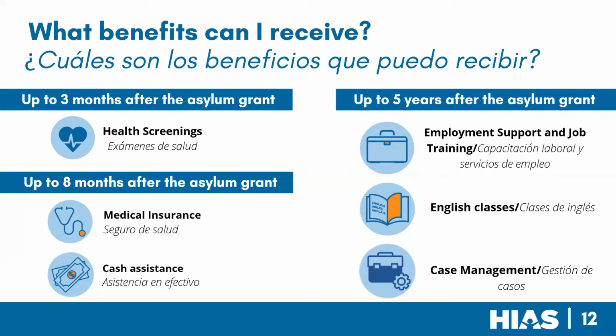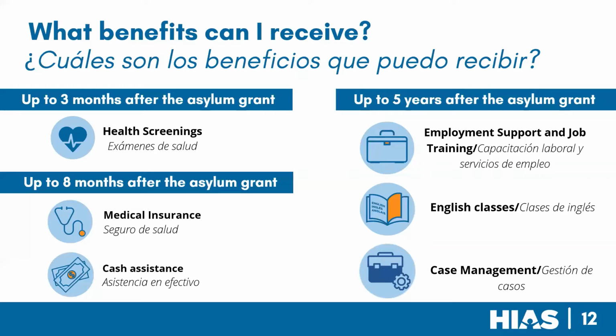However, please note that there are income eligibility requirements to receive this cash assistance. So your eligibility for receiving cash assistance and the amount that you receive if eligible will depend upon your income and household size.